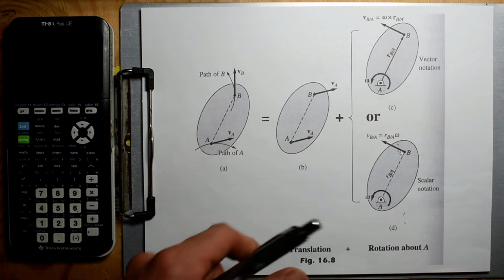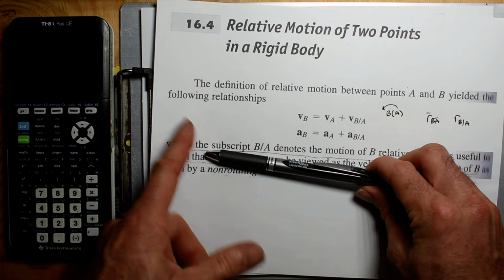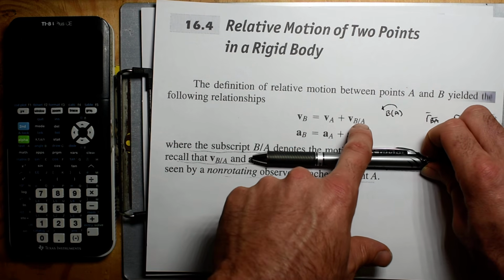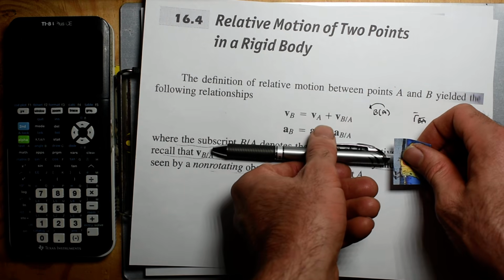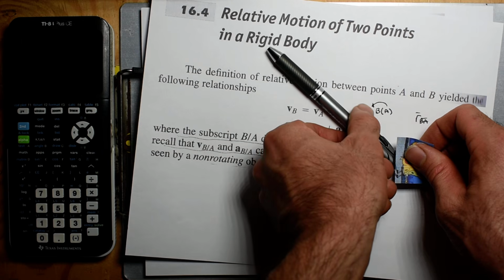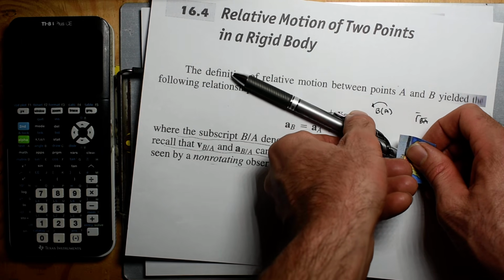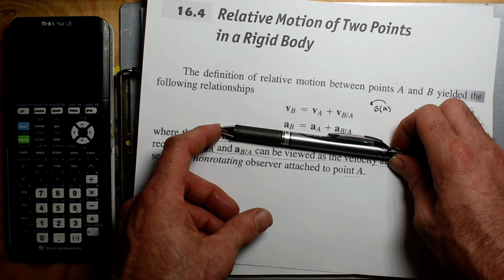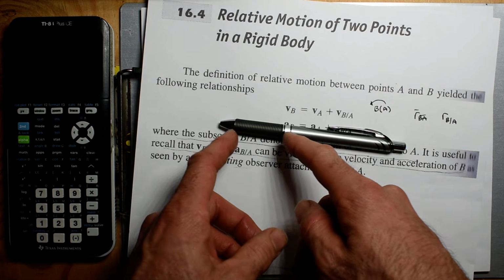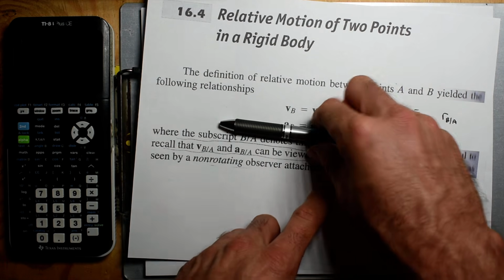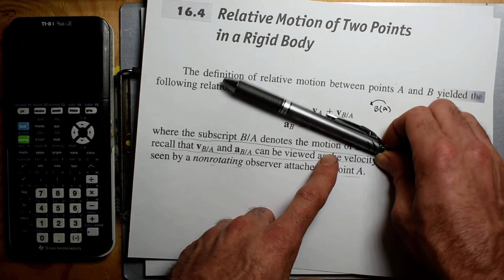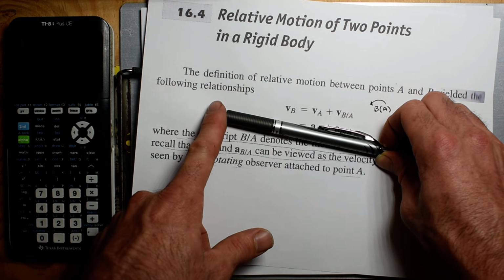And so the velocity of the tip of this pen, the velocity of B, is going to be the velocity of A plus the relative motion. And that relative motion can only be tangential motion. How do we calculate that? Well, we quantify that as this angle changing at a constant rate, and the distance to that point.